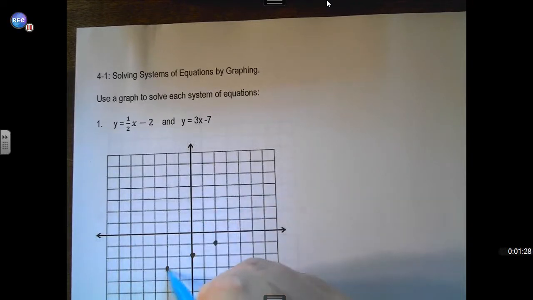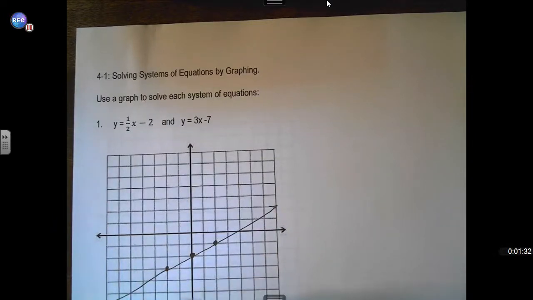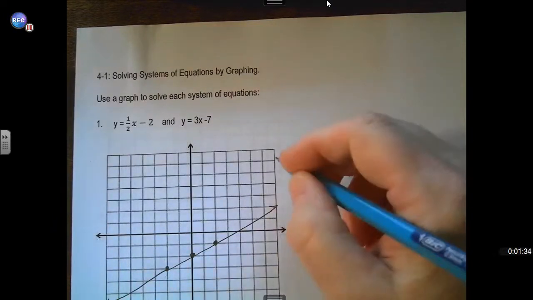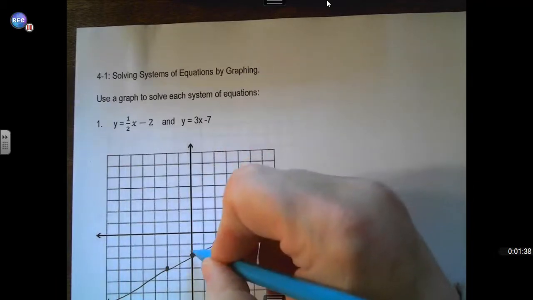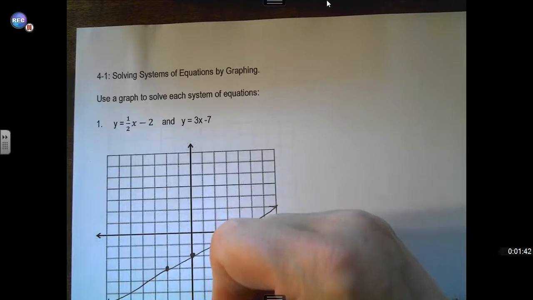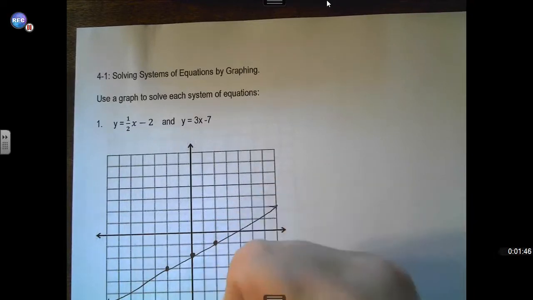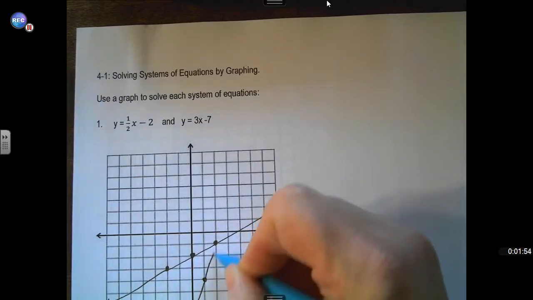Then we draw in that line, and you're going to want to extend it all the way out both ways. Then our next equation, the y-intercept is at -7. 2, 3, 4, 5, 6, 7, just the very bottom of my graph. The slope is 3, so I'm going to rise 3 and run 1, and it's going to look like this.